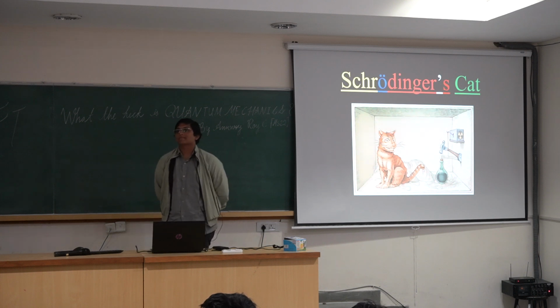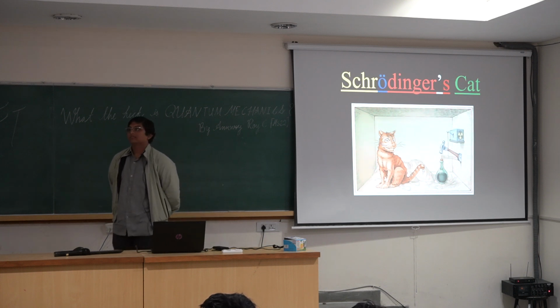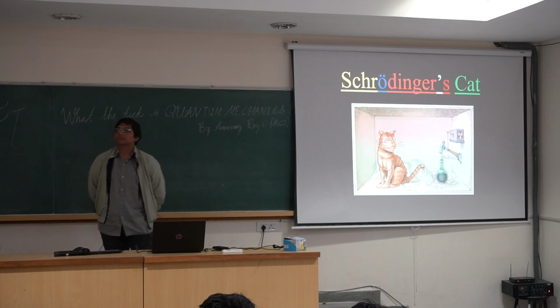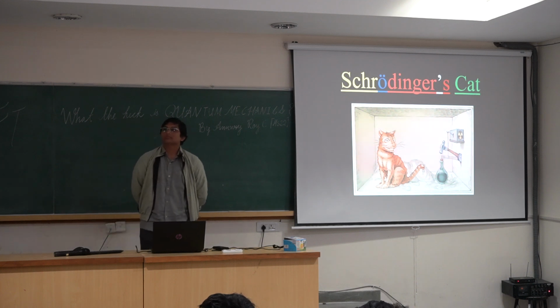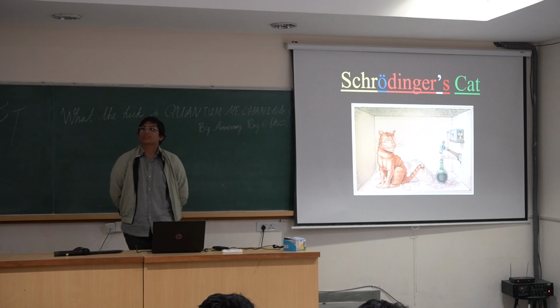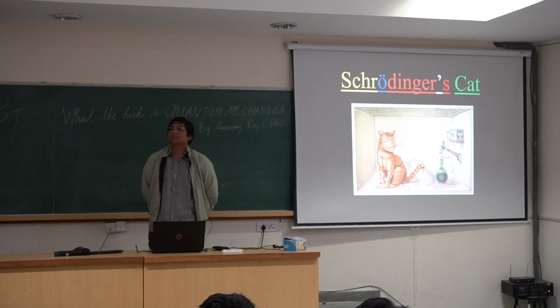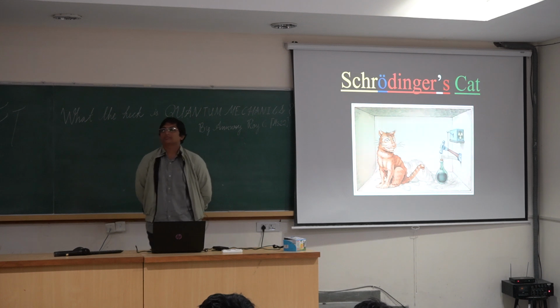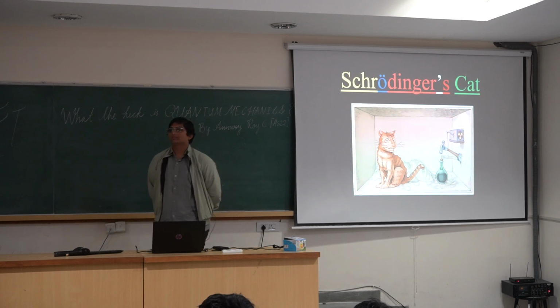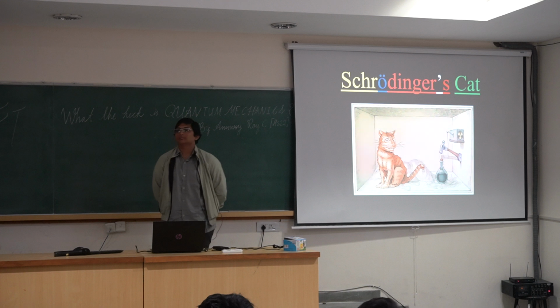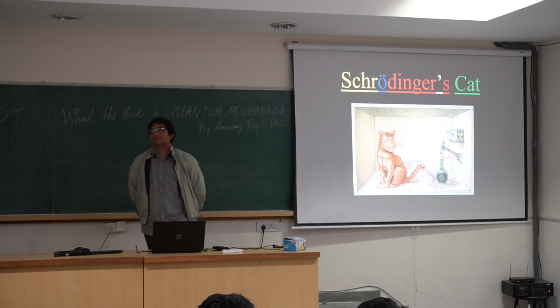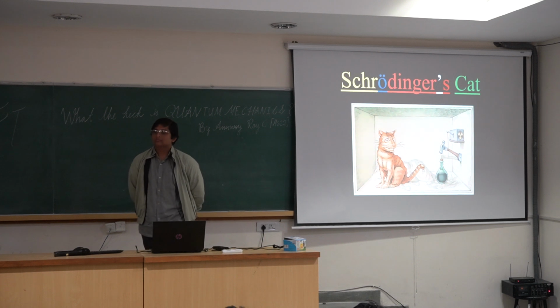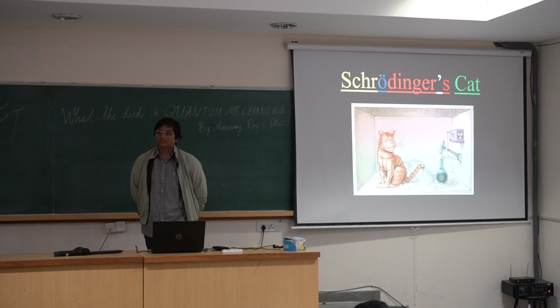Basically, there is a radioactive atom that has a 50% chance of decay. If it decays, a detector detects it, and that triggers the breaking of a poison pipe, which can kill the cat. Since there is a 50% chance of the atom decaying and not decaying, it exists in a superposition of states. And since the state of the cat is also entangled with the state of the radioactive atom, the cat is also in a state of alive and dead.